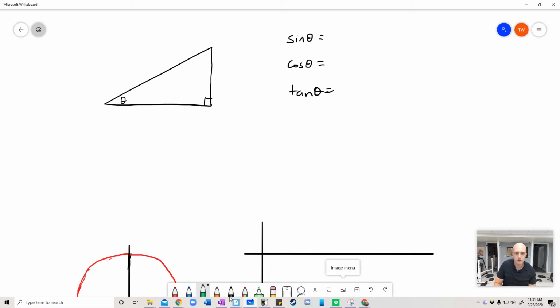these trig functions were just ratios of sides of right triangles that depended on one of the angles in a right triangle that we're going to call theta, but not the right angle. You can't focus on the right angle. It's one of these two acute angles within a right triangle.